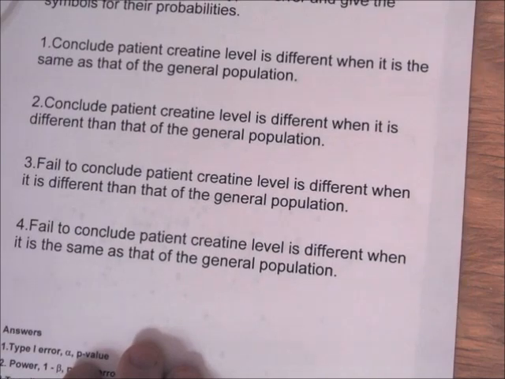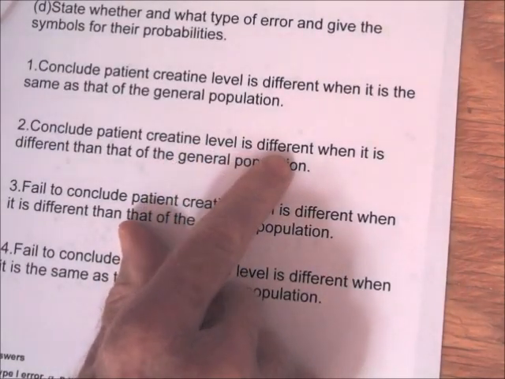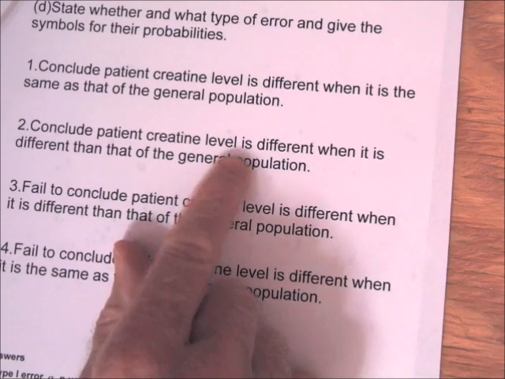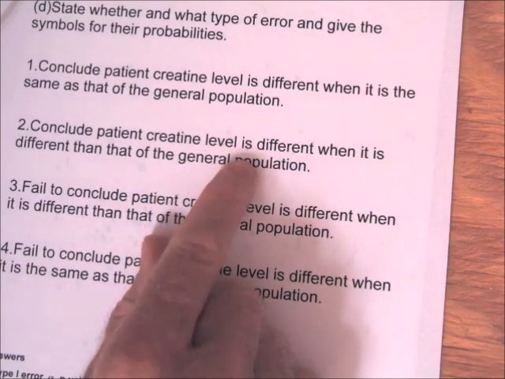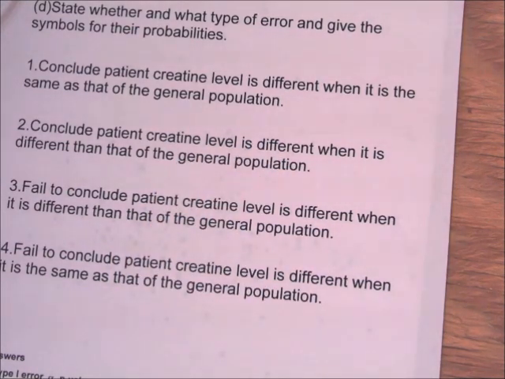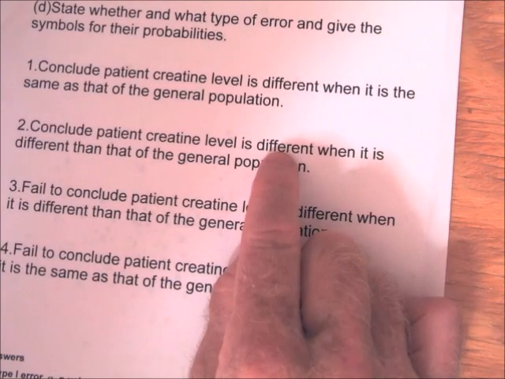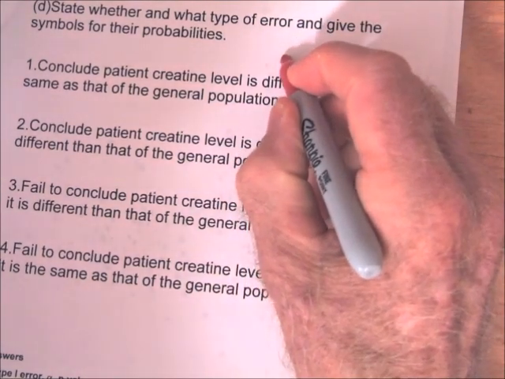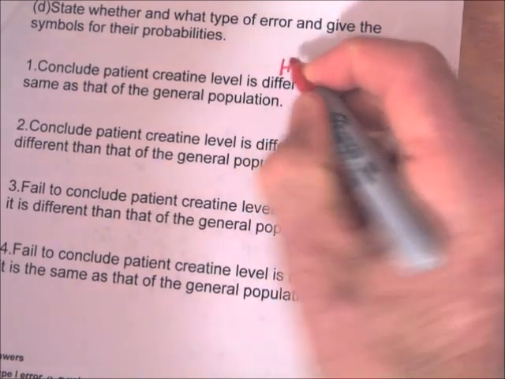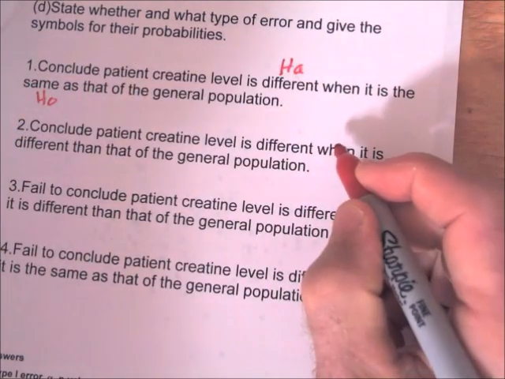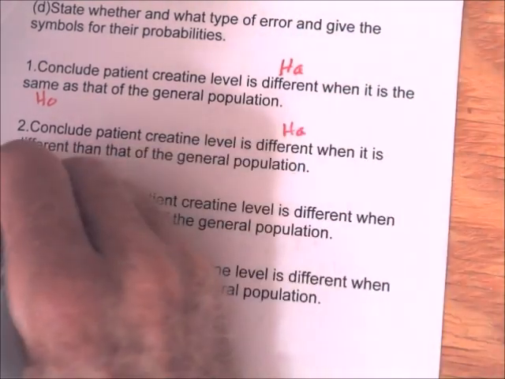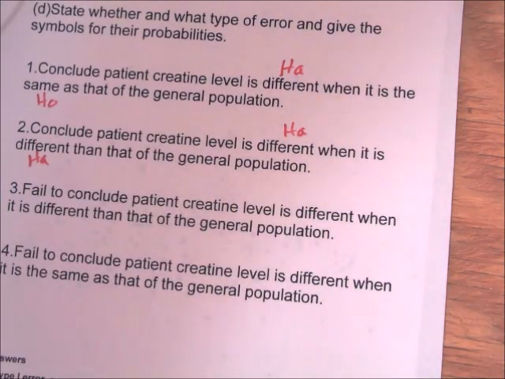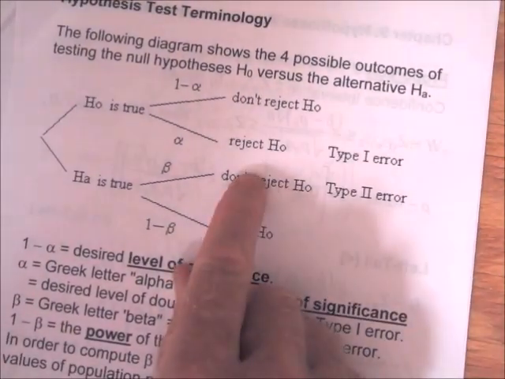If we conclude that the patient creatine level is different when it is different, well, that's not an error. The conclusion is different, and it is different. Different is the alternative, HA, and the same is H naught.